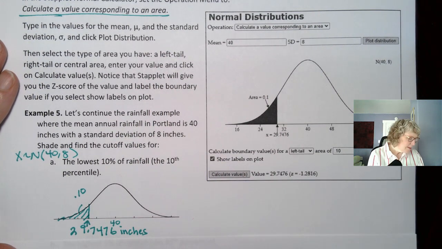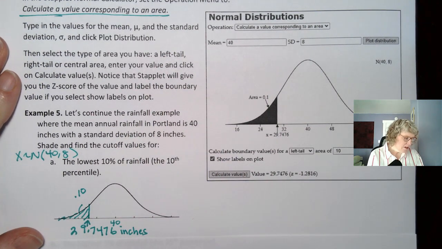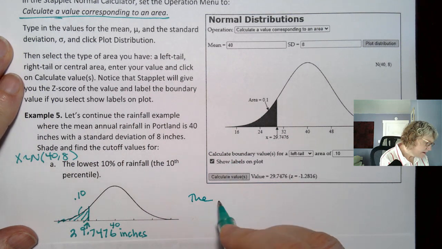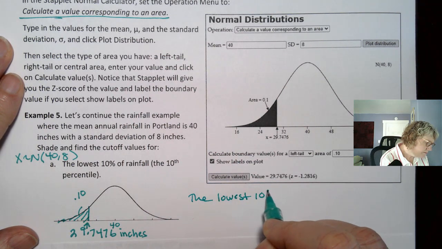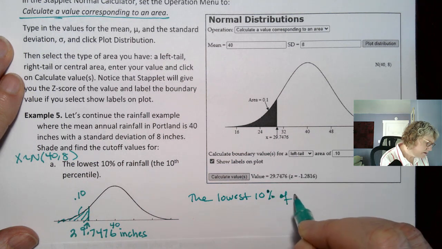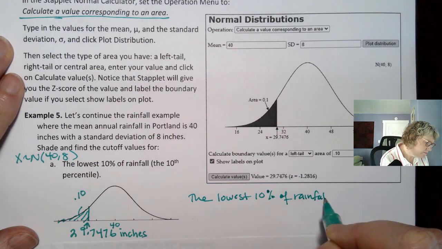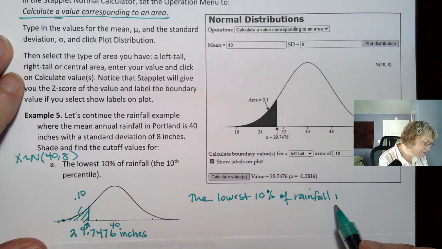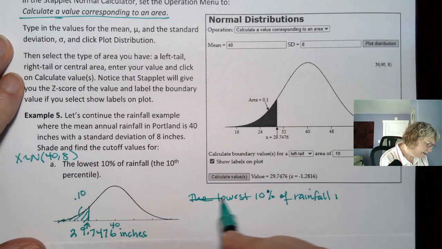Okay, so 29.74 inches. So if I was going to write that in a sentence, I would say the lowest 10% of rainfall. Actually, I think it'd be easier just to write it in percentages. The lowest 10% of rainfall. Yeah, I don't like that one.